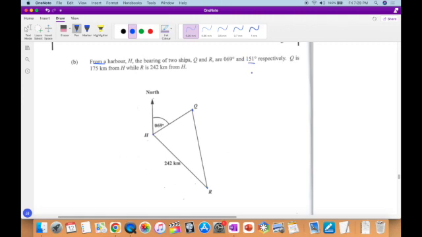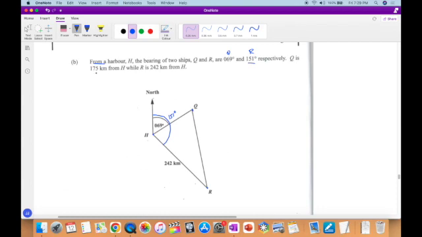So if the bearing of this is Q and this is R, the bearing of R is 151 from the north line. This is the 69, and this entire thing here is the 151 degrees, right? So that entire thing is 151.